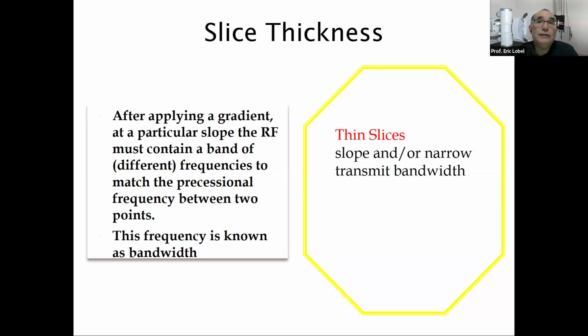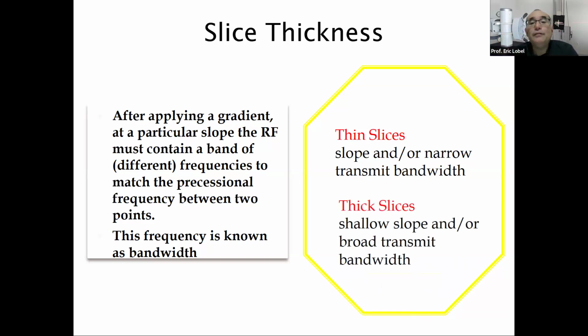If we send in just a few versus many, we're only going to excite a smaller, thinner set of protons. It's pretty much the opposite with thick slices: a shallow slope, which doesn't require as much energy and is faster to do, or a broad transmit bandwidth.